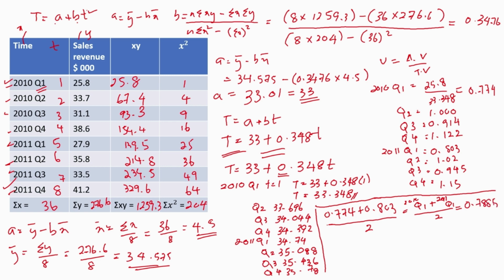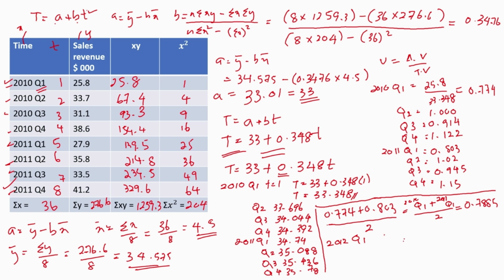Likewise, now we have to calculate the average variances for Q2, Q3 and Q4. After that, we can start the forecasting for future periods. So let's forecast for 2012 quarter 1. Here is how we are going to forecast for this time period.